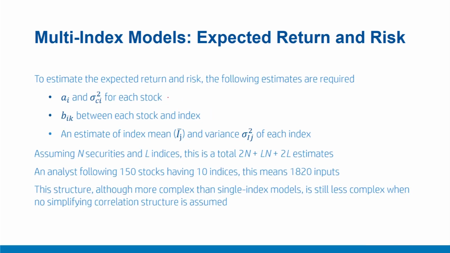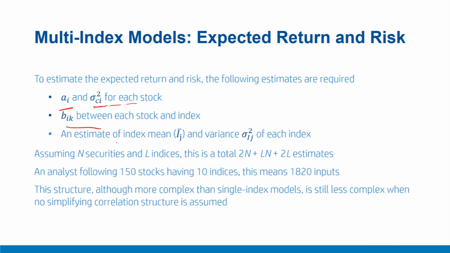Here, we can clearly see that the expected return and risk can be estimated for any portfolio if we have the estimates of alpha i for each stock, bik between each stock and the index, and an estimate of sigma ci square for each stock, which is the residual variance of the stock.